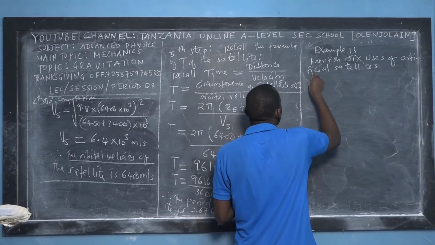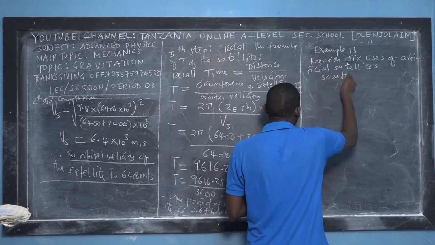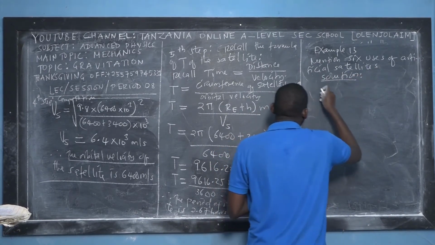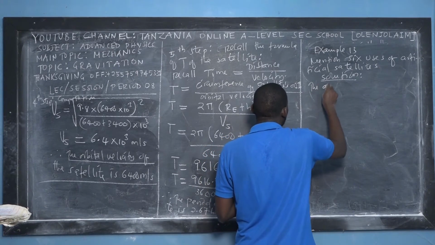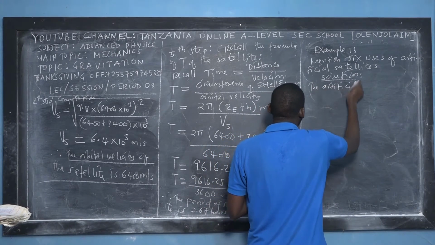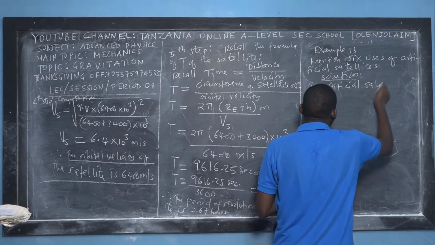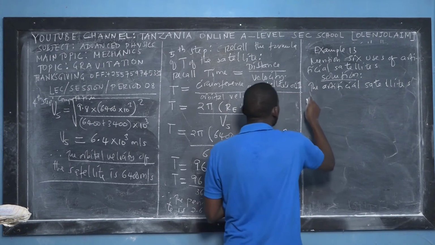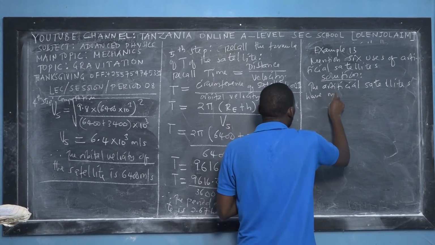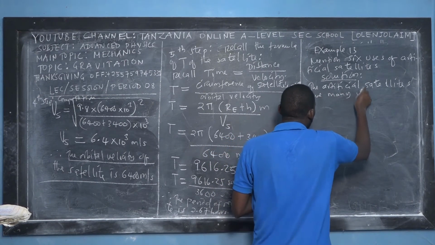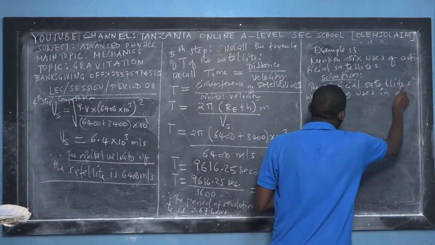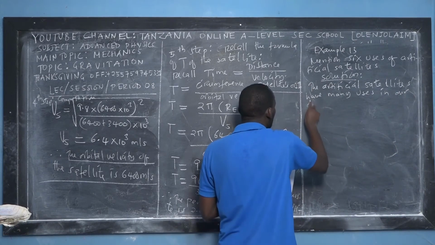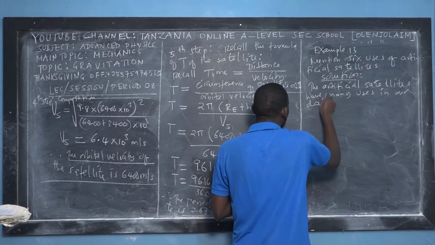So, solution. The topic sentence should be: artificial satellites have many uses in our daily life.